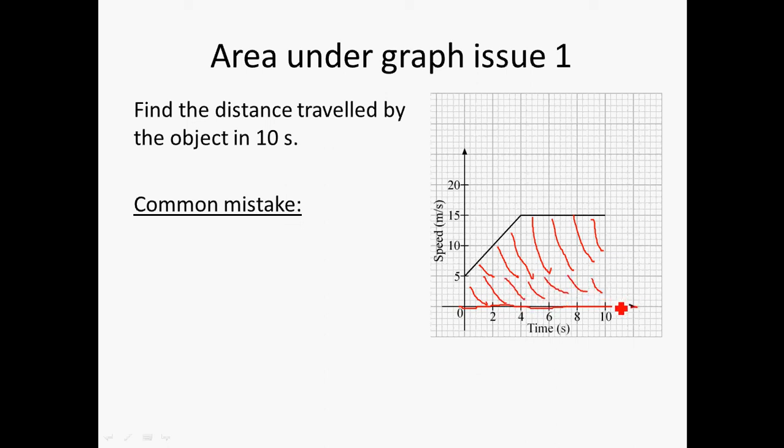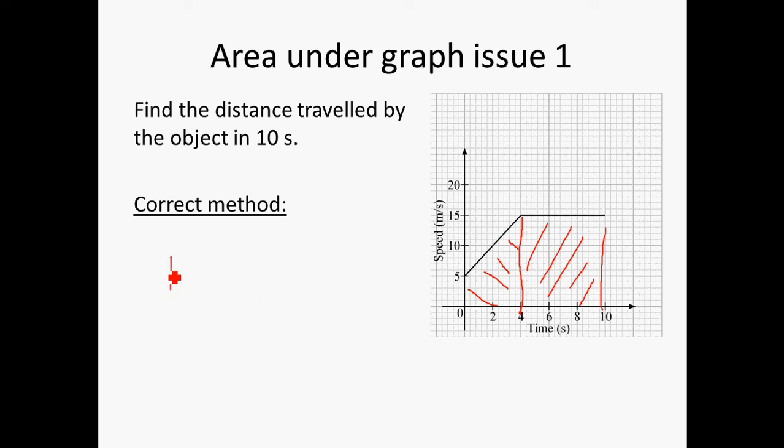So how do we do it? You cannot use the trapezium rule anymore, so you need to divide this into two parts, here and here. If you use here and here, you will realize that there's a trapezium here and a triangle here.